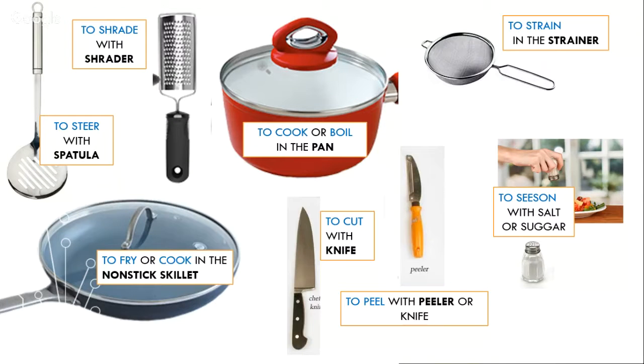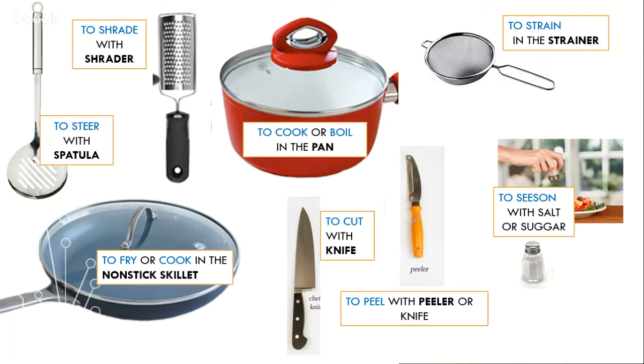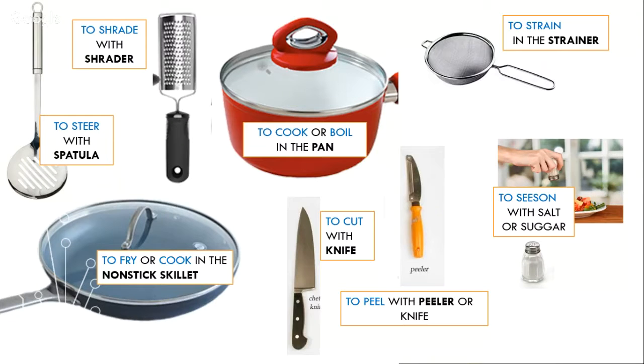Then to peel with a peeler or knife. Do you know what is to peel? Pelar. Very good. And then let's go up. Strain in the strainer. Very good. Colador.